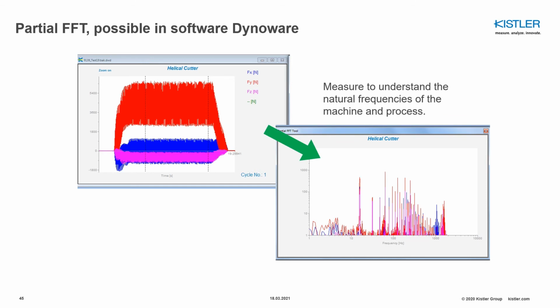And if you have investigated the frequency response function of your machine and setup, then you know exactly what kind of frequencies are coming from the machine electrical system, the machine mechanical system, any possible equipment that can be affecting your measurement, and what kind of frequencies are coming purely from your chip formation.